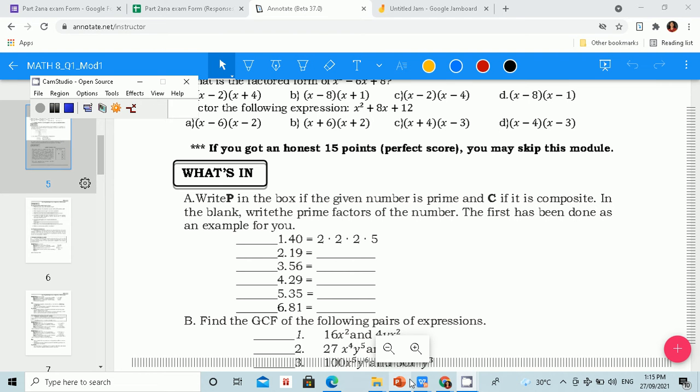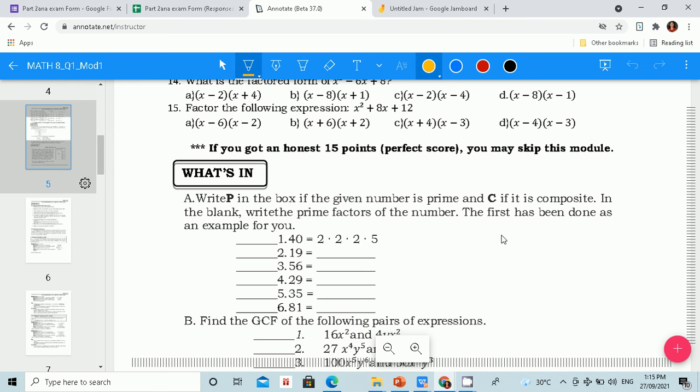For example, we have the number 7. What number can we use to divide 7 that will produce a natural number or a whole number? We have only 7 and 1.